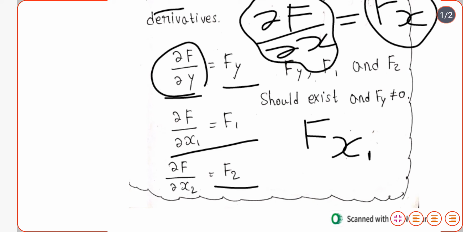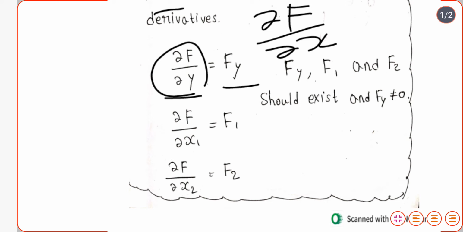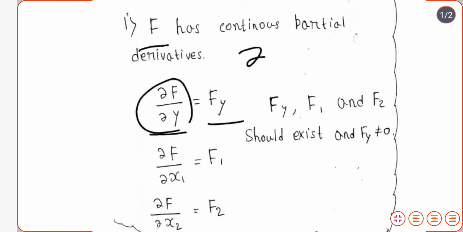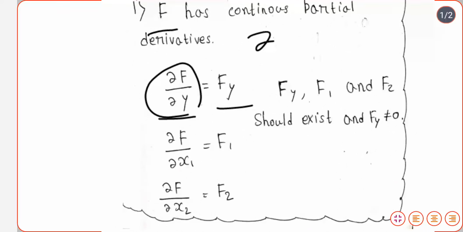Now what is important is the first condition we are talking about, that the function should have continuous partial derivatives. We can see that f has continuous partial derivatives, because at first we were successful in taking the derivative of f with respect to y, then with respect to x1, and again with respect to x2.